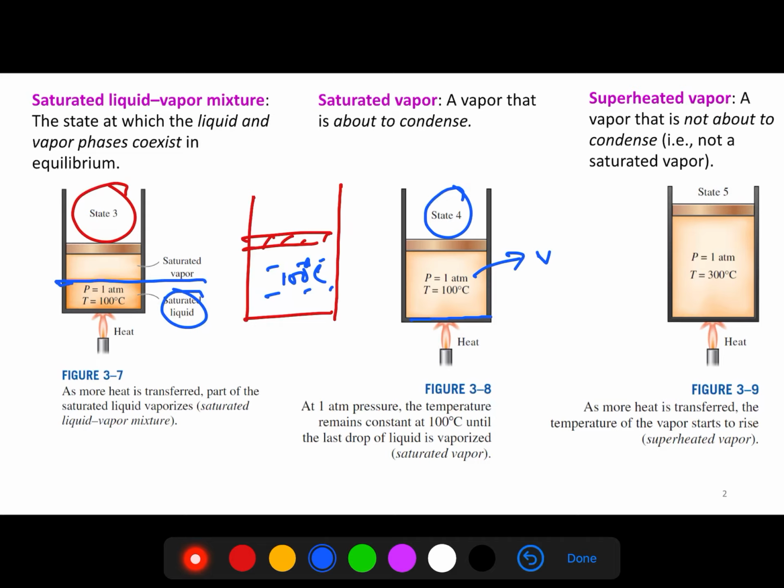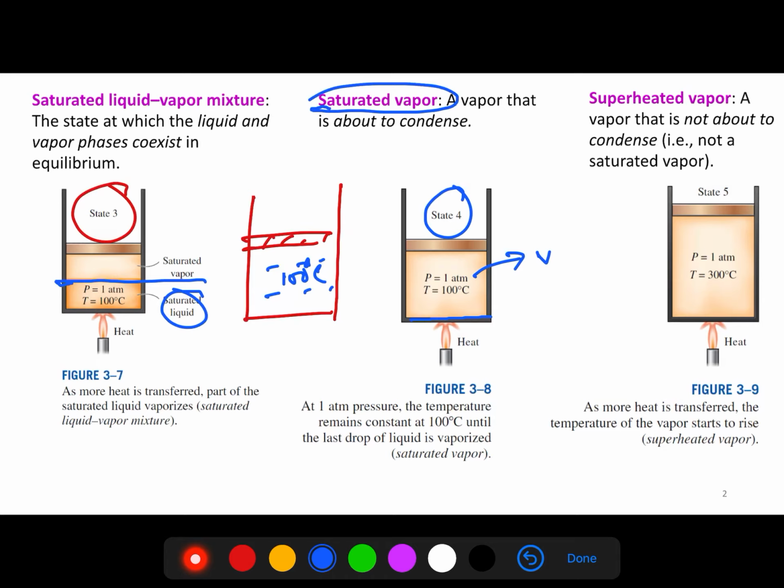And at this stage 4 condition, we said this is the saturated vapor stage, and saturated vapor is a vapor that is about to condense.